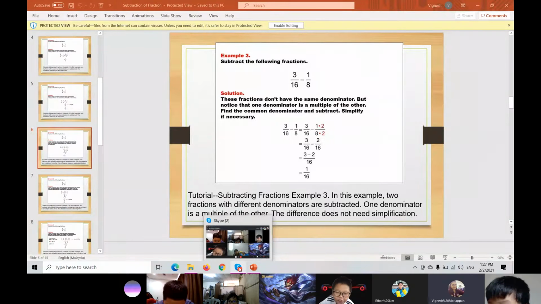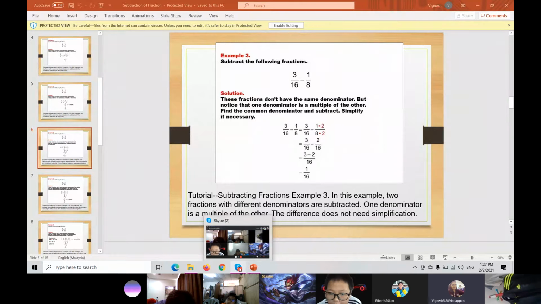Yes, Scofield, teacher said when you want to make the denominators equal, you only have to multiply 8 with 2, correct? 8 you multiply with 2, 1 also you have to multiply with 2. So do we need to touch the 3/16 there? No need. Because we didn't make any changes to that fraction, correct or not? So we don't have to disturb that one.